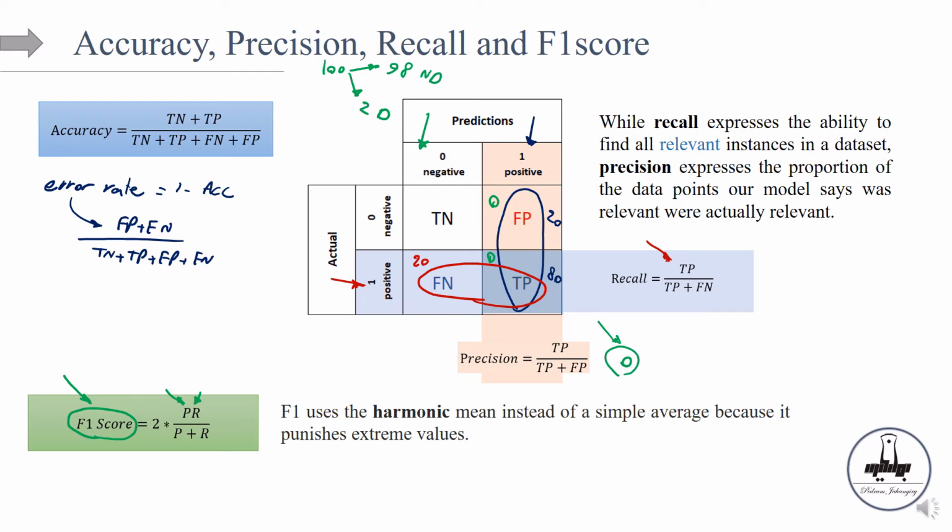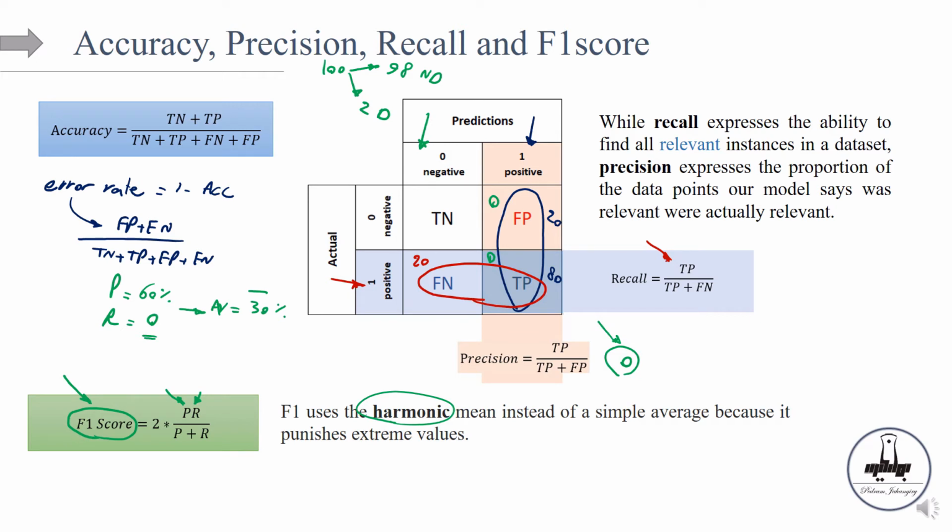Let me give you an example of why this harmonic mean is better. Let's say precision is 60% and recall is almost 0, right? If I take a simple average, the simple average is going to be what? This is going to be 30%, right? So 30% is the simple average between precision and recall. However, we know that this model is not necessarily a good one, especially if you're trying to avoid too many false negatives.